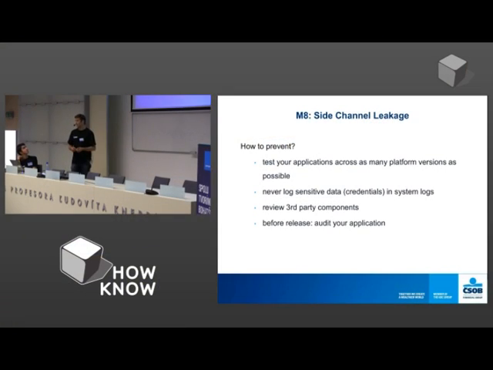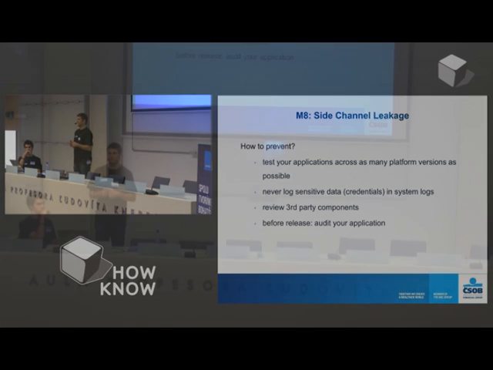How to prevent this? You can prevent this by testing your applications on as many platforms or platform versions as possible. If you make an application for Android, test it on each version which you have available, because each version will be different. You will have different security threats related to this.